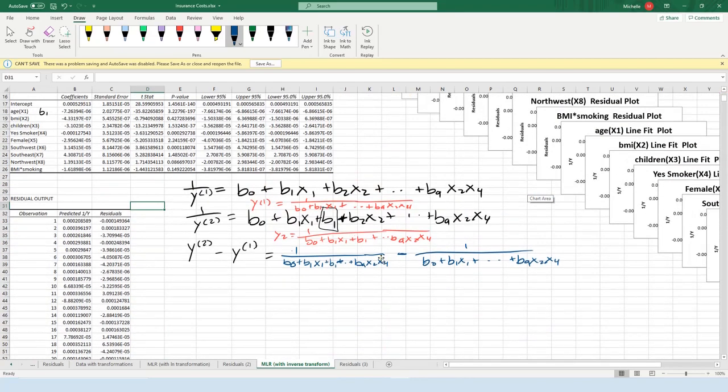All right, and I can simplify this to make this into a single fraction. So let's do that. When you do that, this part here goes up here, so we get b naught plus b1 x1 plus dot dot dot b9 x2 x4.